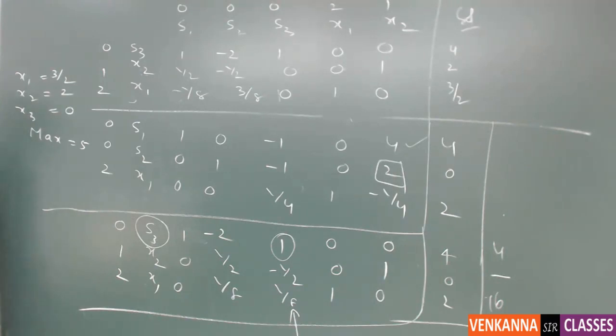So let us do like this. Suppose if you take 0, then what happens? You are going to replace x2, right? Minus 1 by 2. Again, you are going to repeat the procedure. That's the problem. That's why I have taken S1.